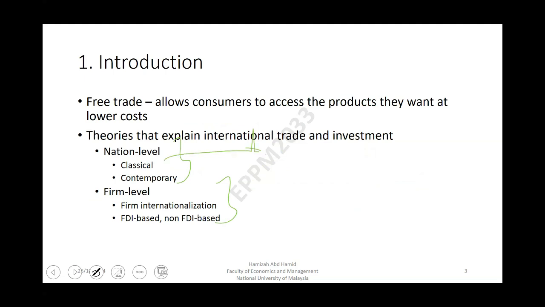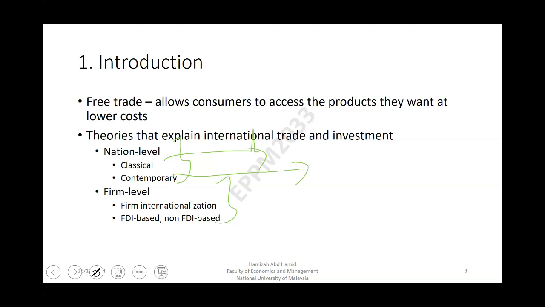Classical meaning these are very, very old theories that have been used in economy. And we also have contemporary theories that we use until today, theories that we use in management. And if you are able to make it through, strategic management you will learn in your third or fourth year.